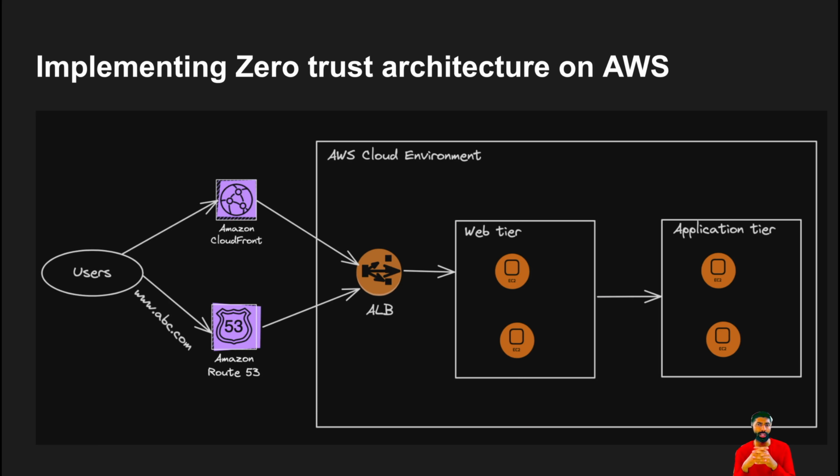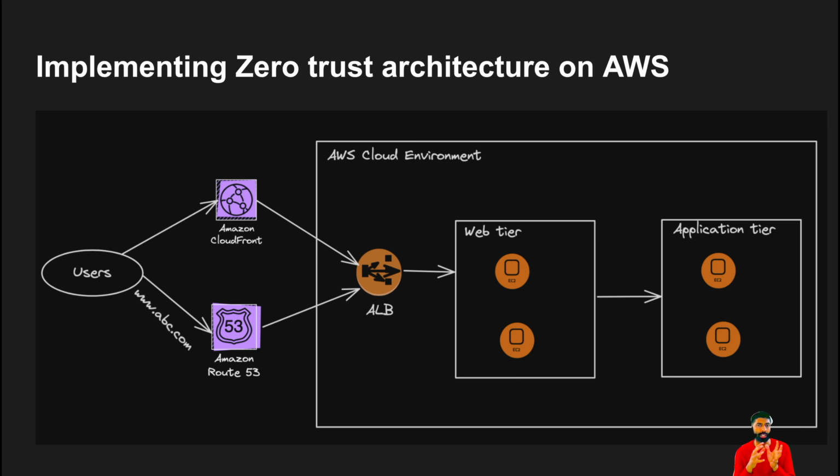Let's look at this simple example of a web application architecture on AWS. So we have users who hit the domain name of that application, and then DNS is served by the service Amazon Route 53. Web application content is cached at the edge location, and CloudFront is used for that.